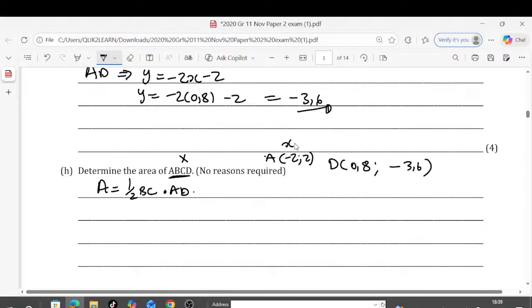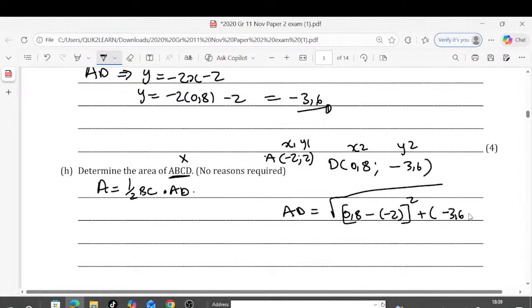So now this is my x1, y1. This is my x2, y2. So the distance of AD is equal to the root of x2, which is 0.8, minus x1, which is negative 2. Put this inside the bracket. We add y2, which is negative 3.6, minus y1, which is 2. They should be squared. We just have to punch that on the calculator to find the length of AD.